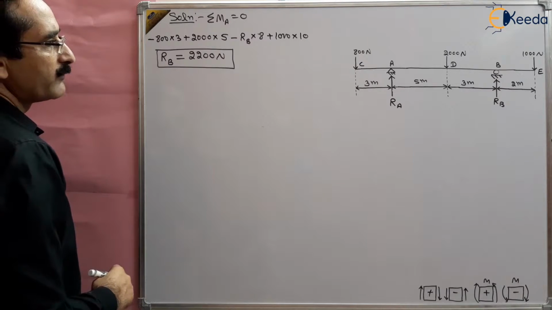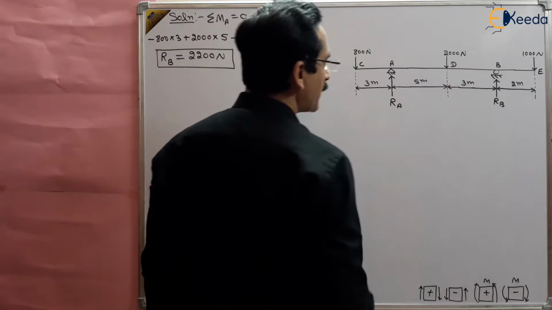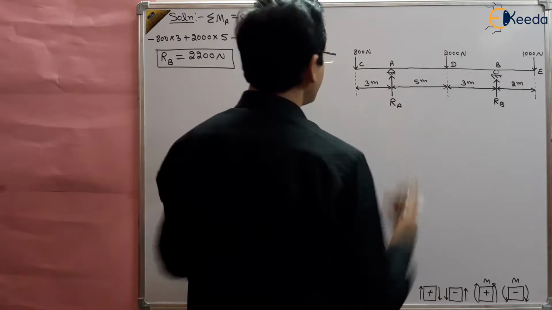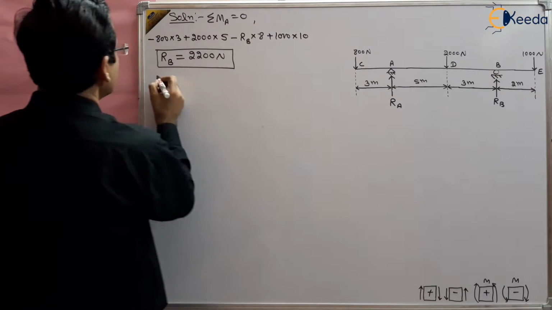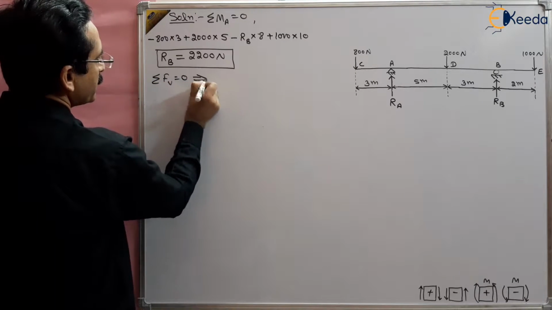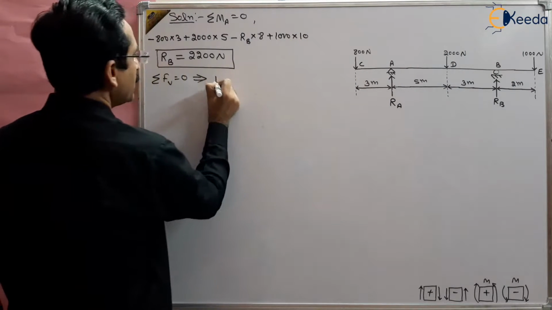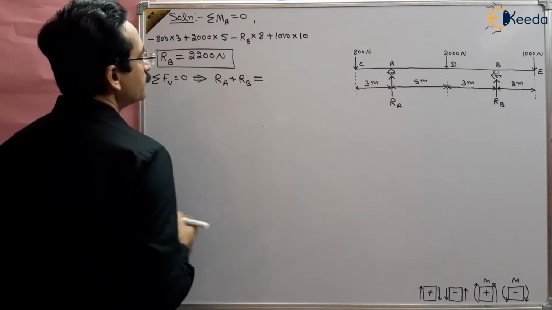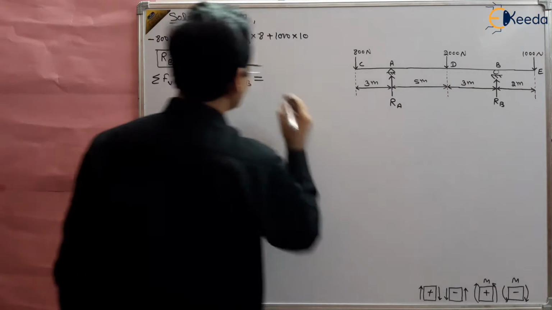Next is to find out the value of RA. You can take the moment about B and find out the value of RA, or you can take the vertical forces to be equal to 0. So the sum of all the vertical forces should be equal to 0. This implies vertical forces RA and RB are upward, so RA plus RB should be equal to 800, 2000, 1000.